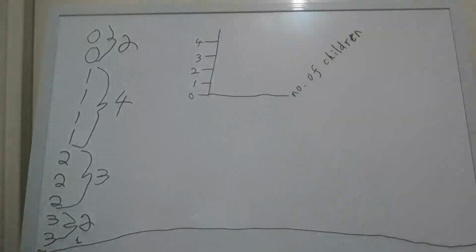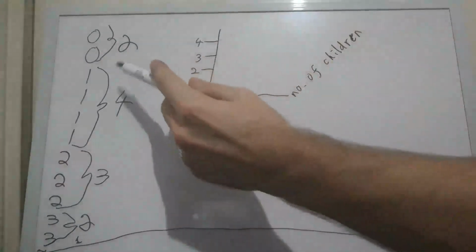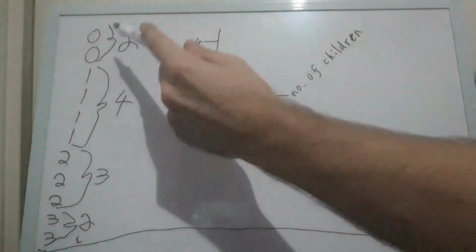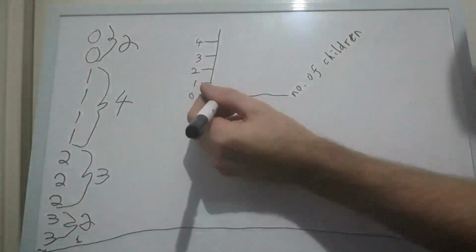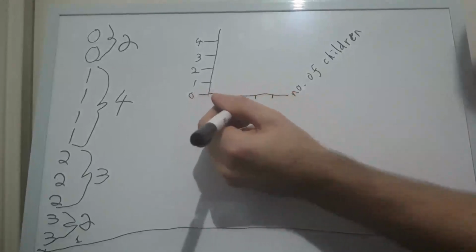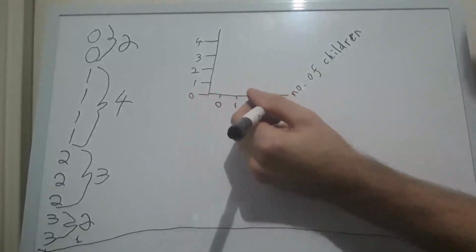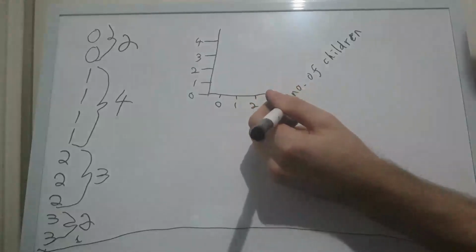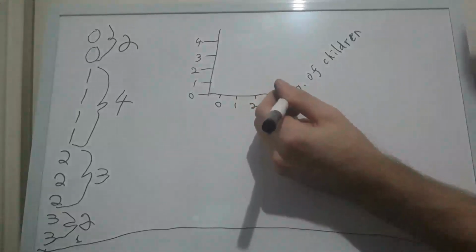Yeah, my writing's shocking. I'm going to have to work on that, guys. I'm sorry. So, there are 2 families that have 0 children. So what we'll do, we'll also put 0, 1, 2, 3, and chuck a 4 on the end there.